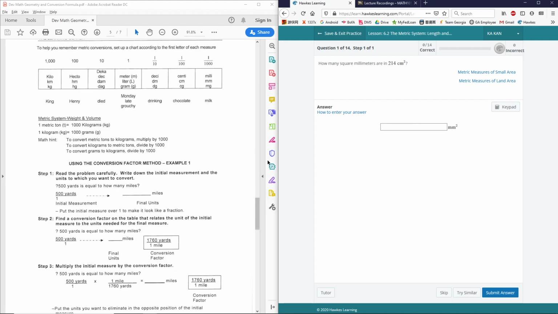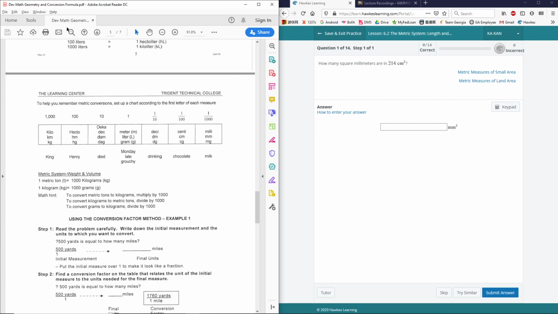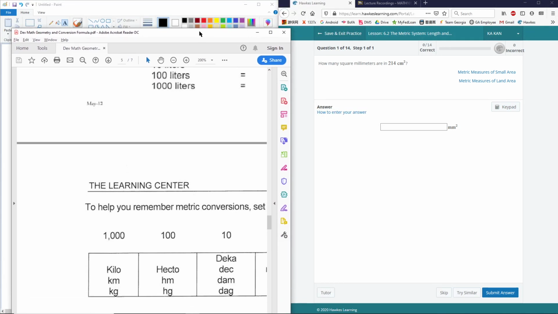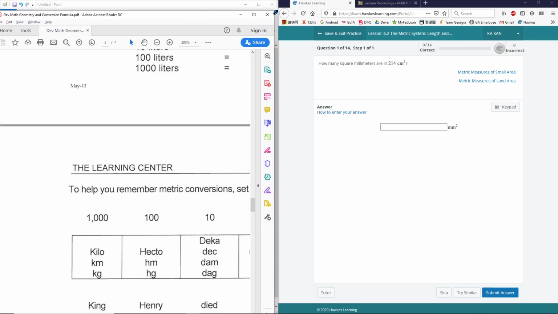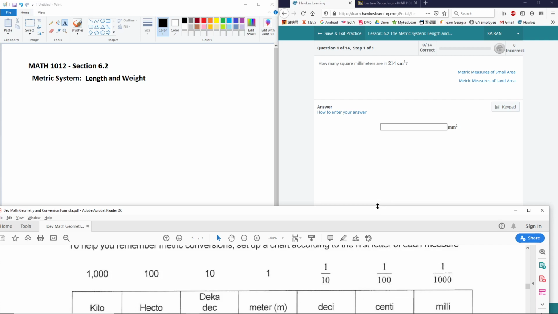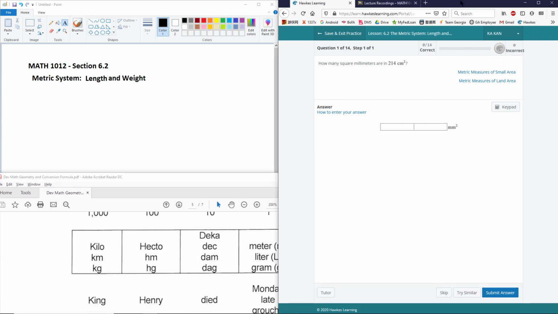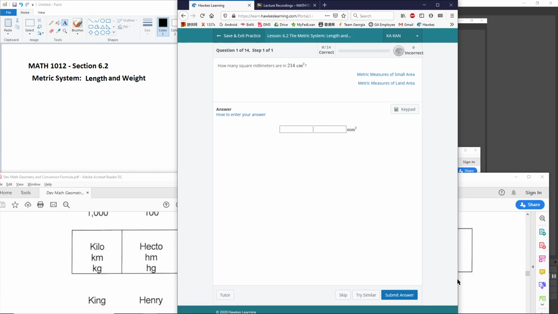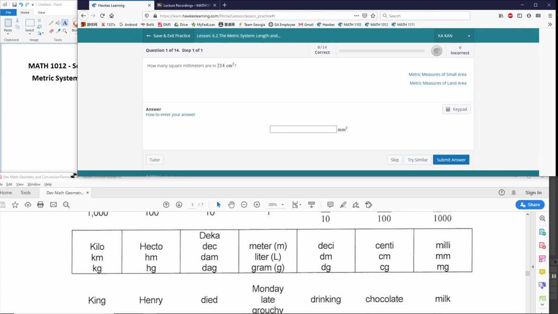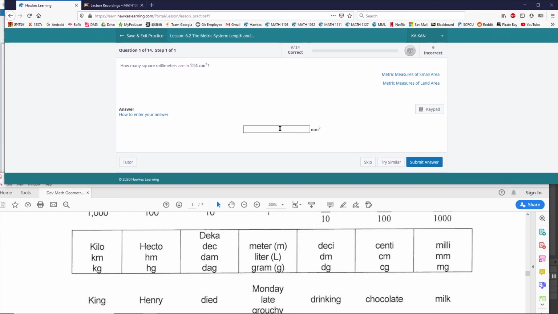Let me make it a little bit bigger, and make sure you guys can read this. So we have 214 square centimeters.